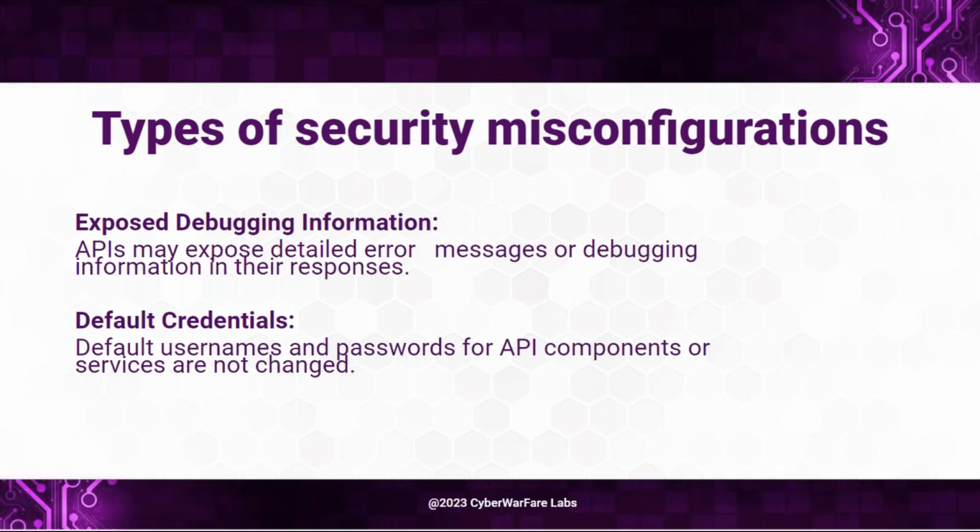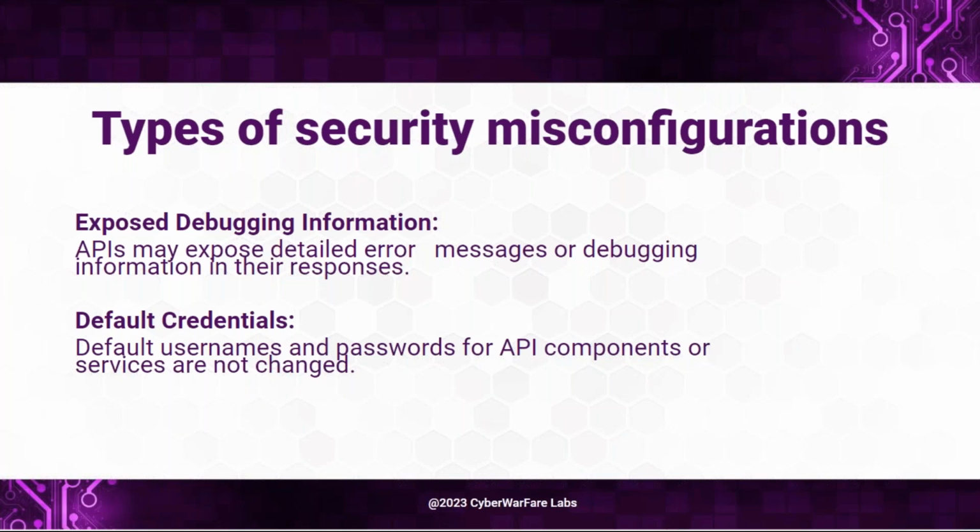Exposed debugging information: when APIs expose error messages or debugging information in their responses, this is severe, leading to data exposure, and this is a main problem.